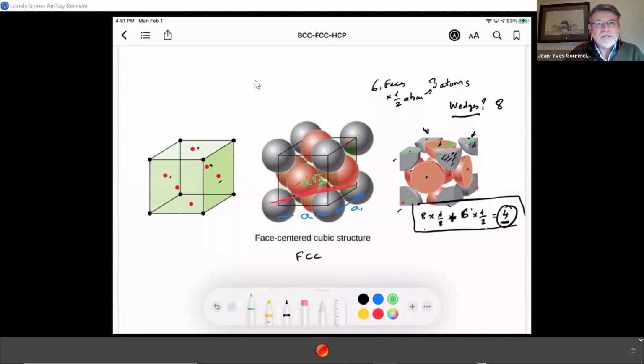What's really interesting about this is that you'll see it in one of the lab exercises. If I gave you some unknown metal and I said, find the density of this, what would you do?